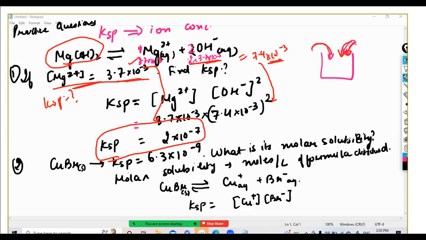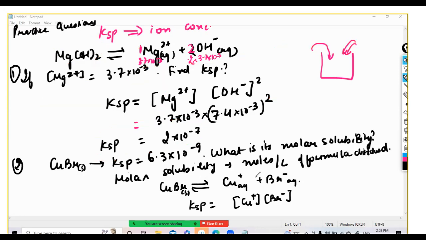Now moving on, we have this next question in which you want to find the molar solubility. The molar solubility means you want to find the moles per liter, which is the concentration of the ions.